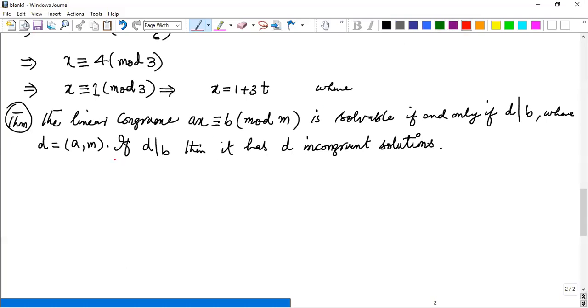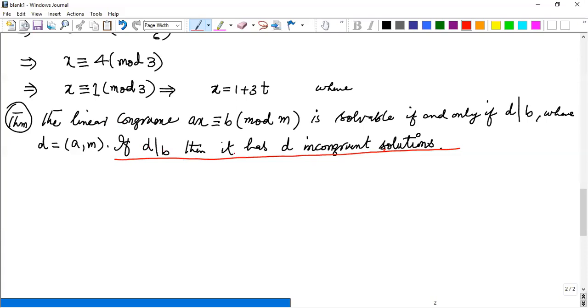For congruence, this part is very important. The first part is the same as we discussed in the linear Diophantine equations, but the second part is very important here.